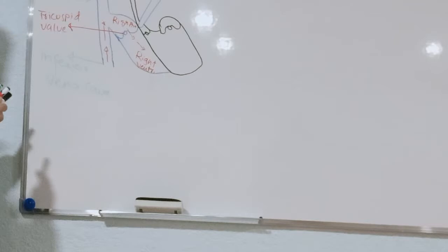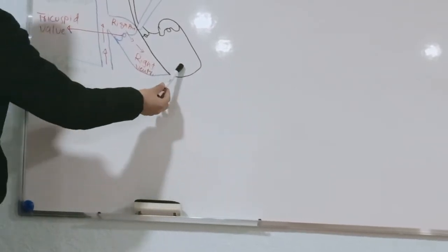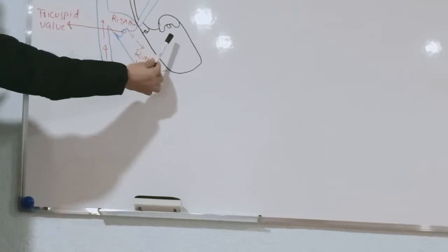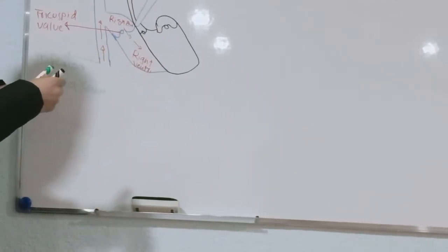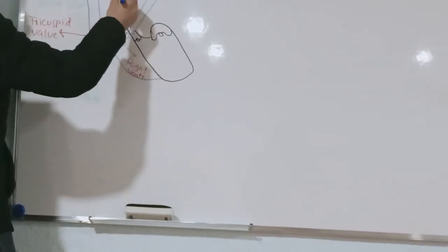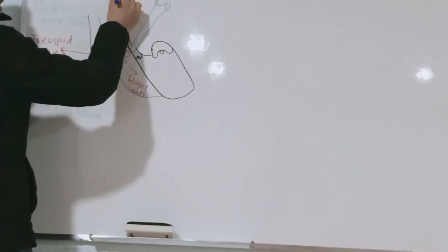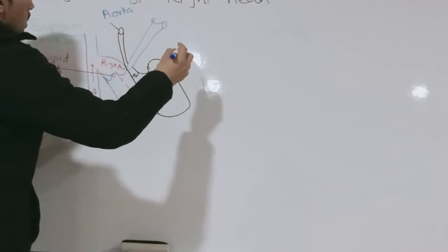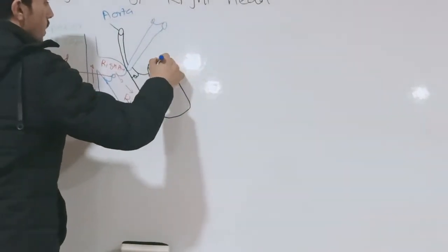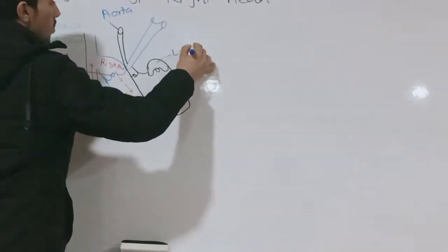Now, if we compare both hearts, the right and the left. First we name the parts of the left heart. This is the aorta. This is the left atrium.